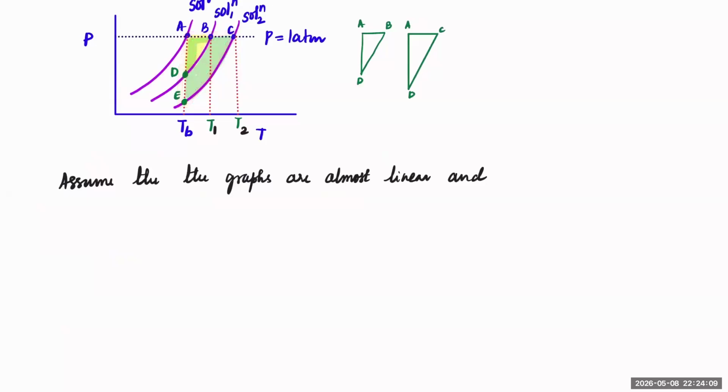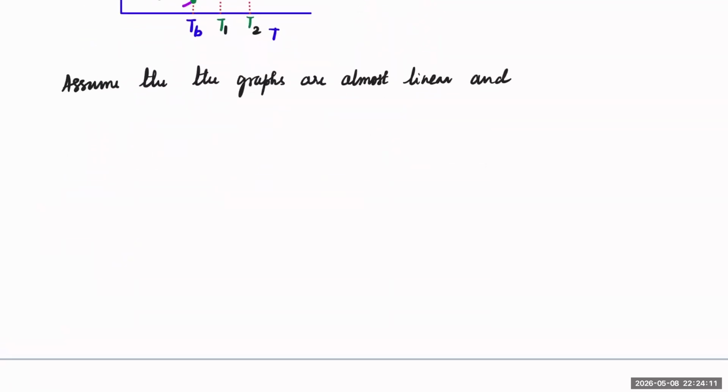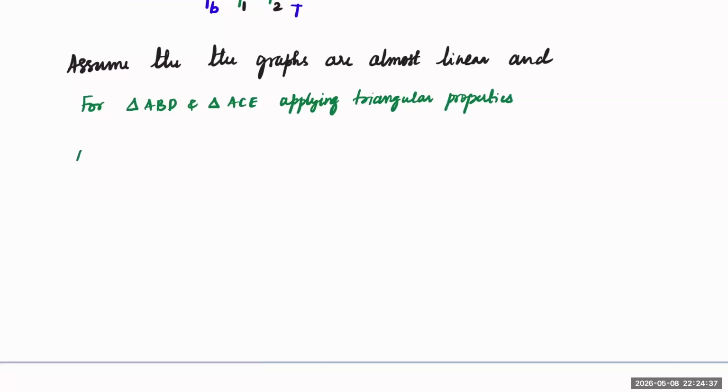So using the properties of triangles, for triangle ABD and triangle ACE, applying triangular properties, I can say that AD by AE.